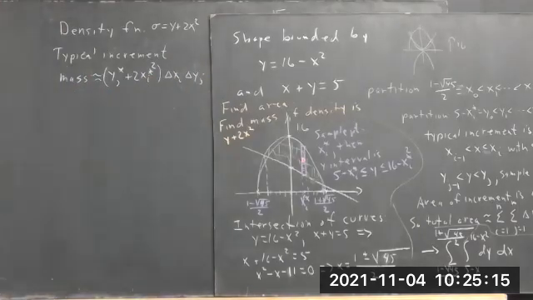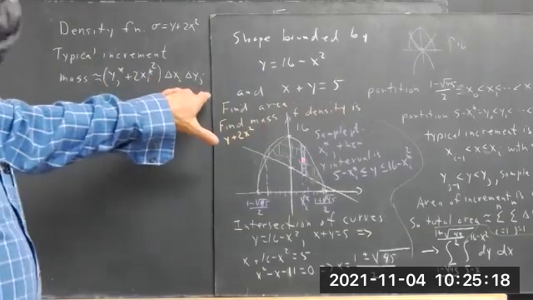It's pretty clear. To get the mass, you just multiply the density by the area.